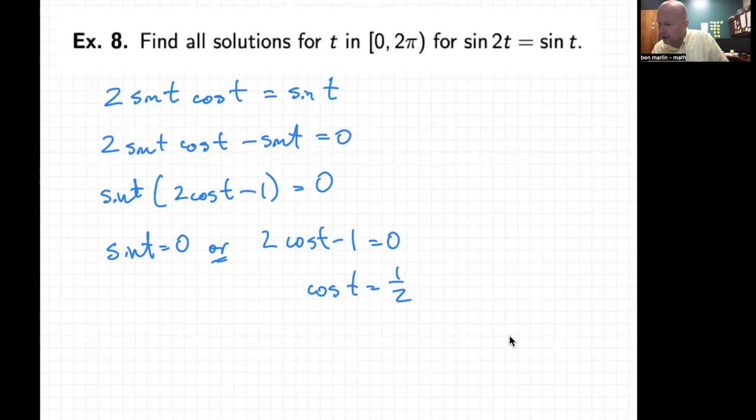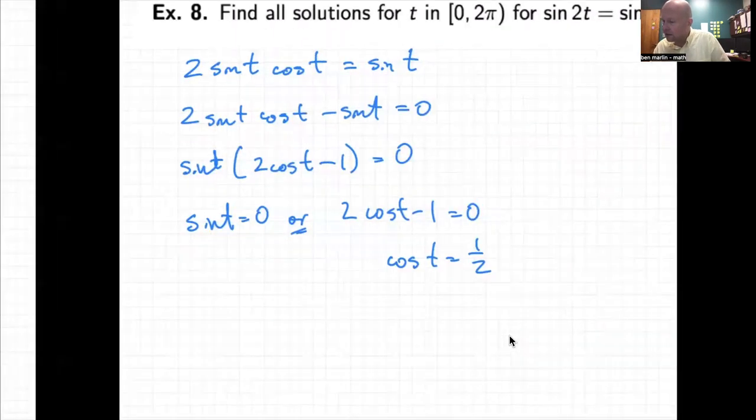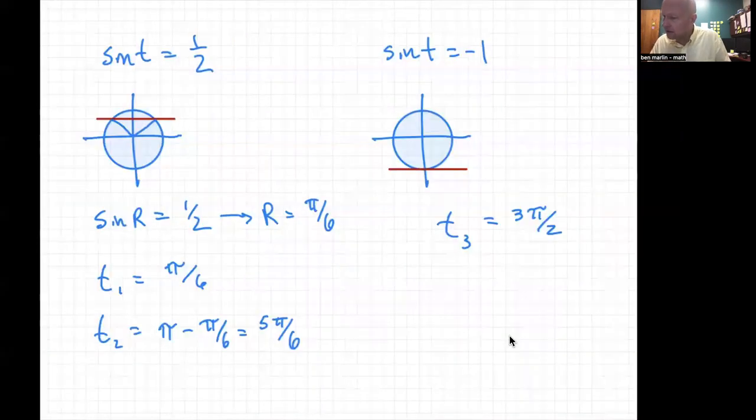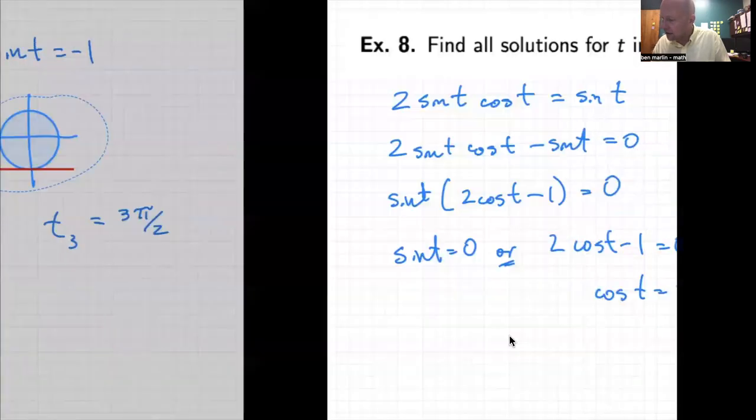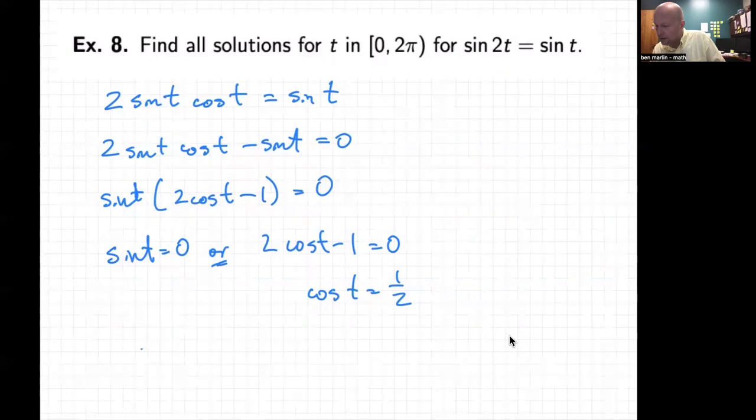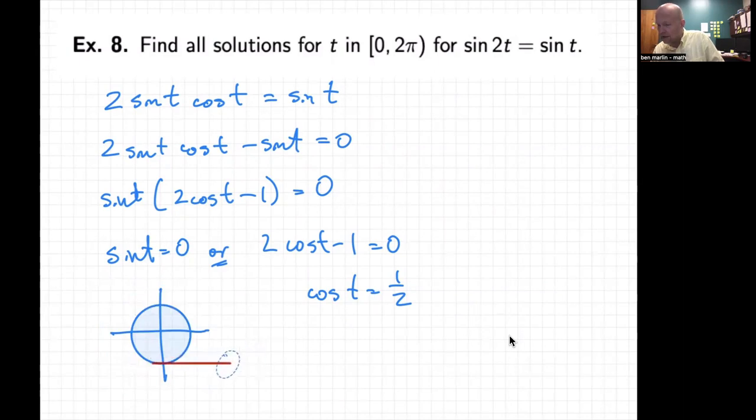So if I scoot back over here and grab my picture again, I can drop it in here. And we're going to talk about having sine t equal to 0. Negative ones down there, positive ones up here. Sine t equals 0 is right in the middle.